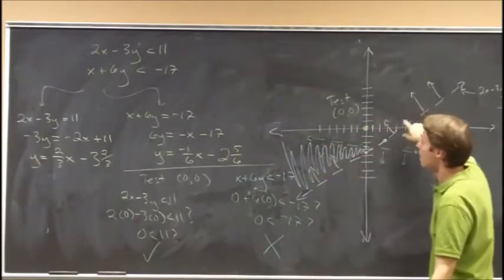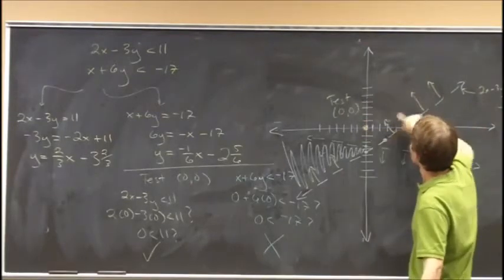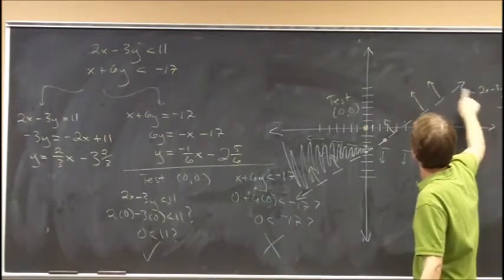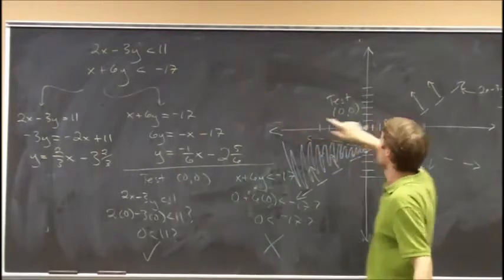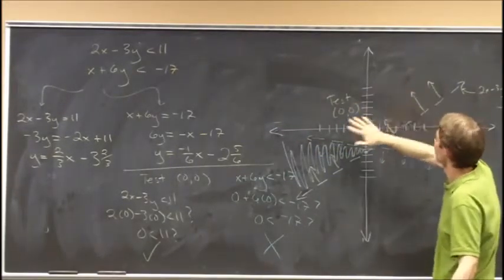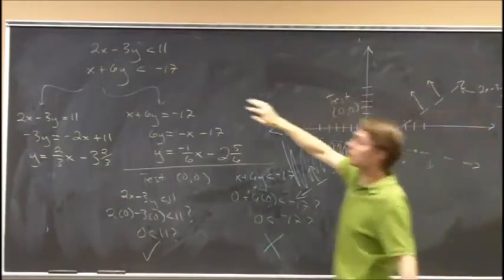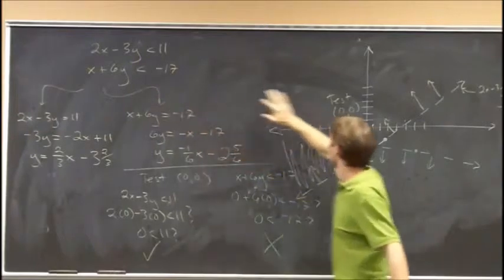If you pick points that are outside of that region, for example, these points right here, these will be solutions for 2x minus 3y is less than 11. Because we did say that was a solution here. You can see my arrows. All of these are solutions for this particular inequality. However, they will not be solutions for the second inequality.